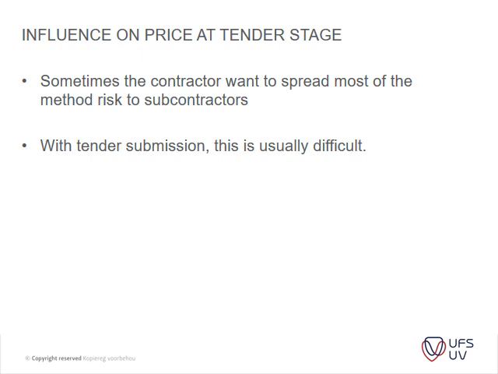With tender submissions, it is usually difficult because subcontractors at tender stage don't usually give the main contractor a method statement. Maybe your electrical engineer or your mechanical engineer might assist with that, but there's usually not enough time to actually do that.